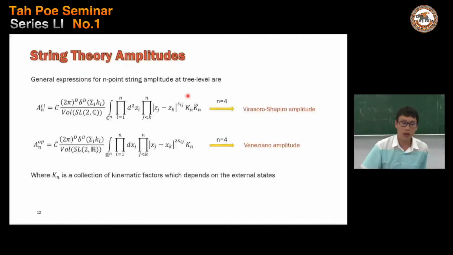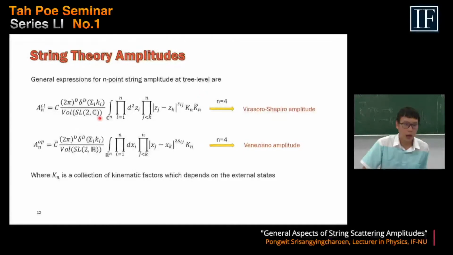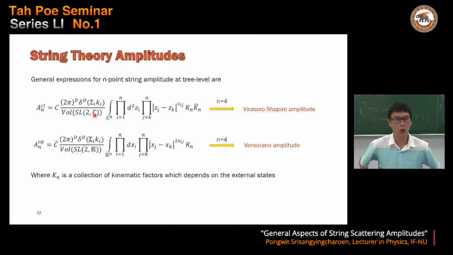Okay, if they are tachyons, k and k tilde are just 1, but if they are like gravitons or higher excited states, it involves kinematic terms, and it also involves the polarization factors or polarization vectors as well. And here, the volume is a gauge volume, and in this case, it is SL2C, which is the Mobius transformation on the complex plane.